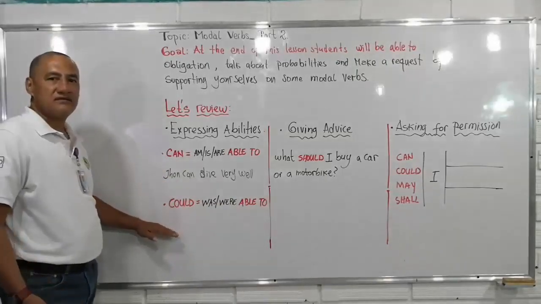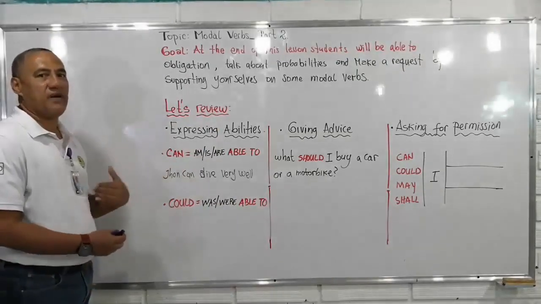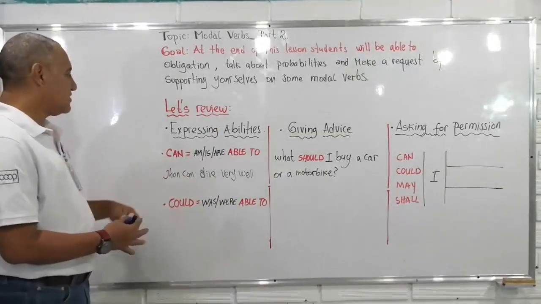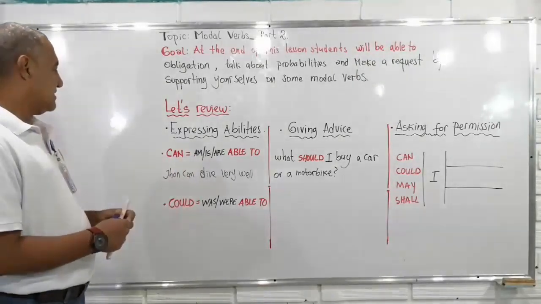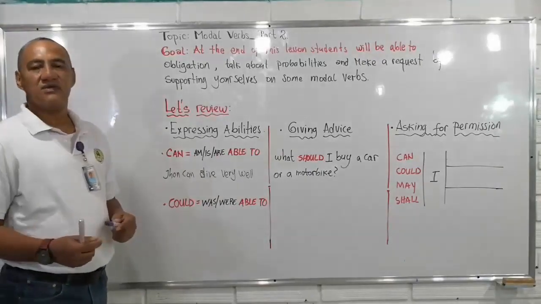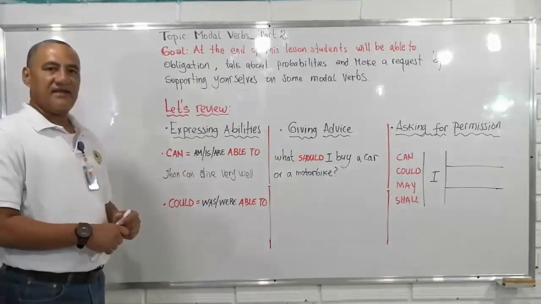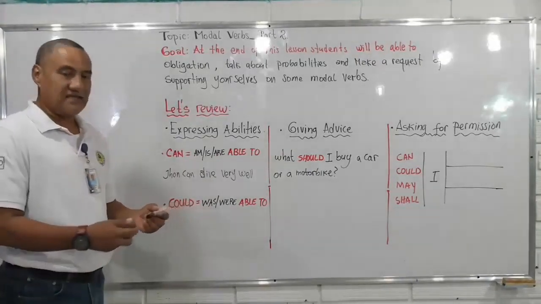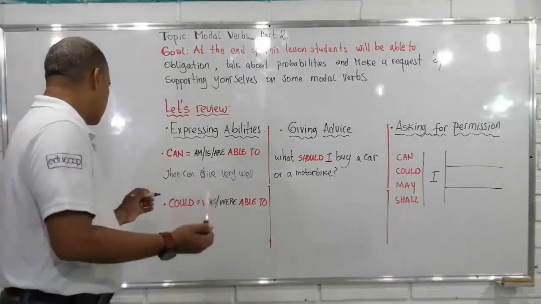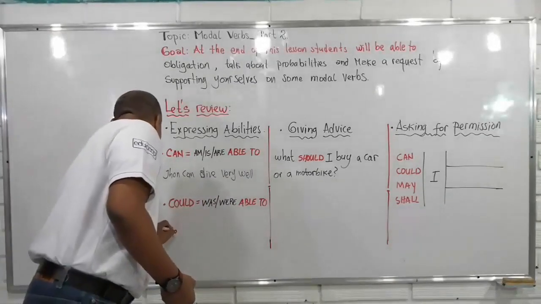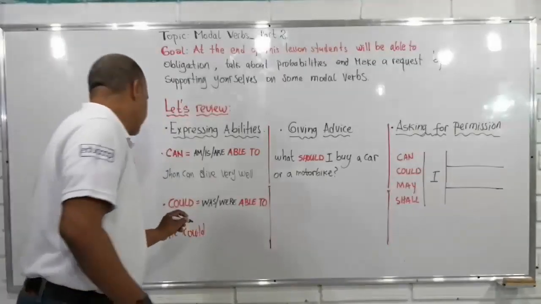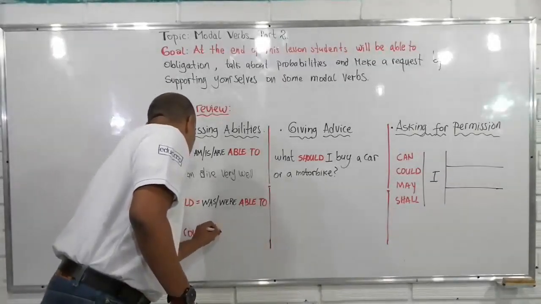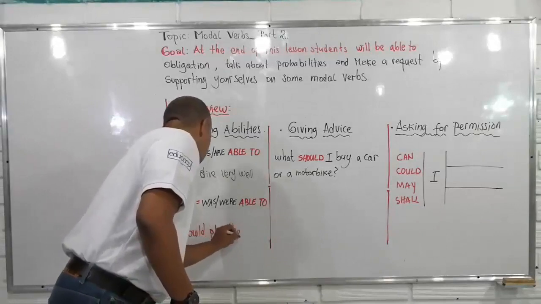Then could is to express ability, but in the past. Remember that we have to contextualize this, to have a context, but in the past. They say, when John was 10 years old, he could play the piano.